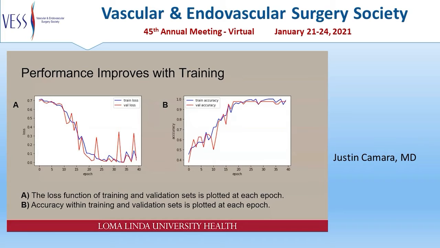An epoch is just a cycle of training. On the left, the graph demonstrates the level of error at each epoch, and you can see that it trends downward as the model was trained. And then on the right, this graph demonstrates the accuracy of the model as it's training, and you can see that the accuracy trends toward a high value or a maximal value.